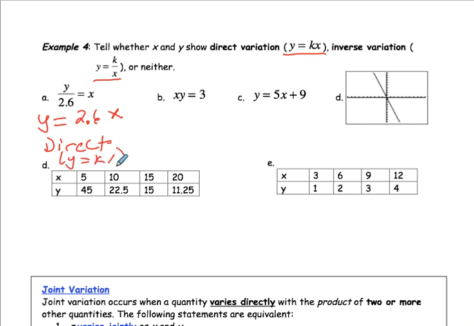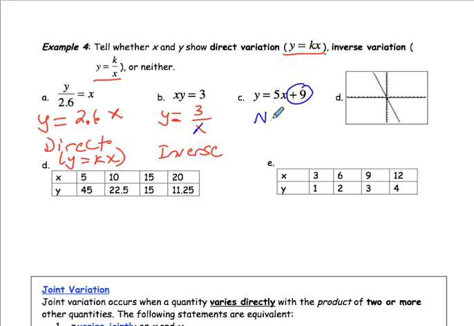The next one, I have x times y equals 3. If I isolate y, I have y equals 3 over x. So this is inverse variation. The next example is y equals 5x plus 9. It looks like direct variation, but I have this plus 9.